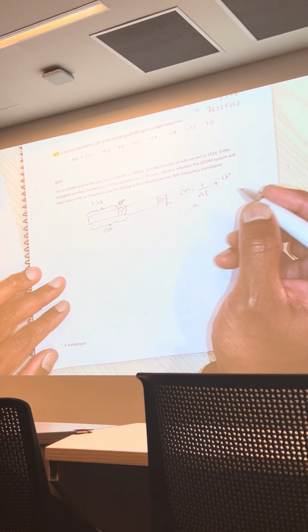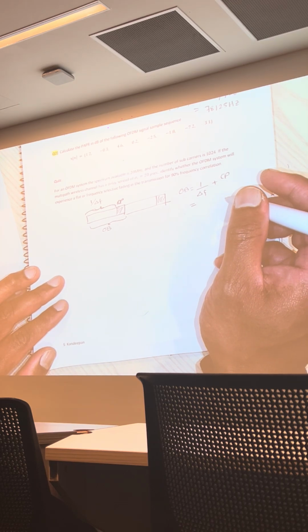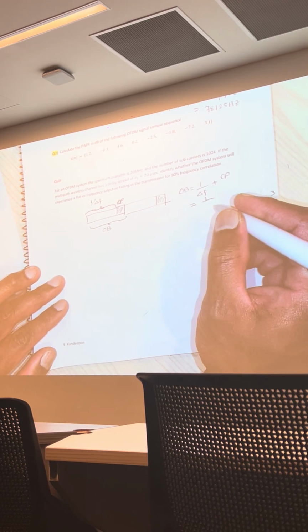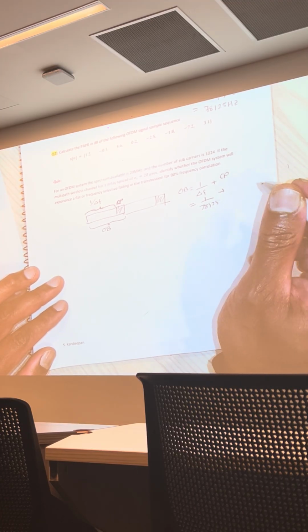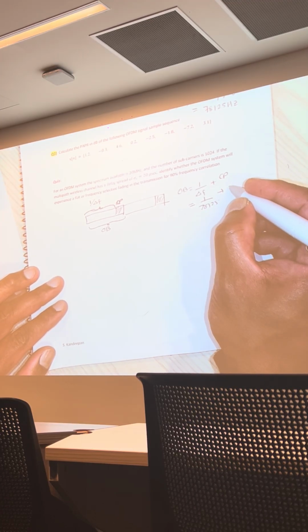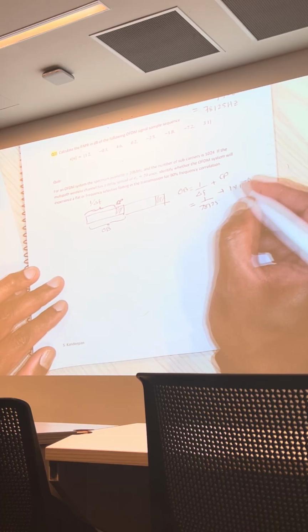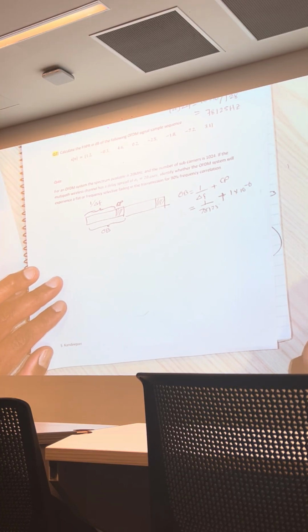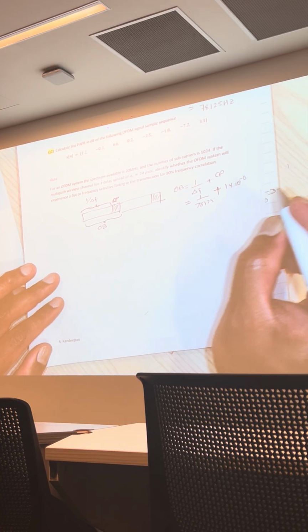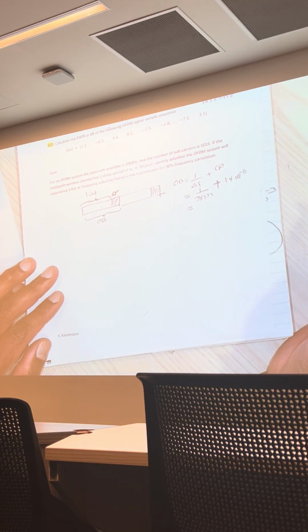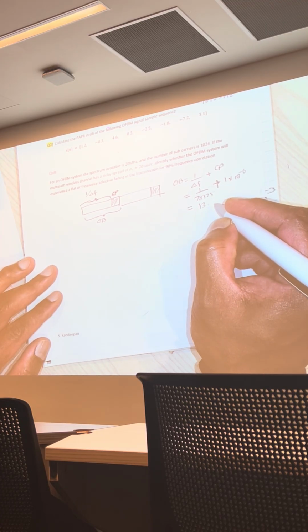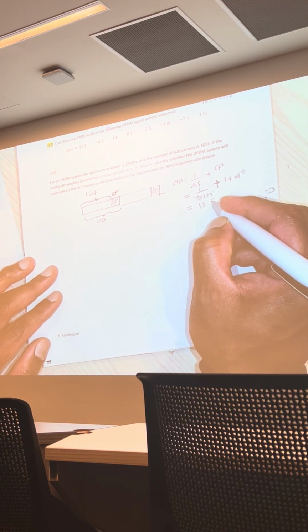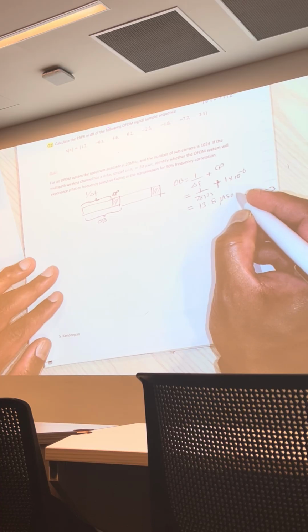So 1 on delta F, we know what delta F is, which is 78,125, plus your cyclic prefix is 1 into 10 to the minus 6, right? So your OFDM block length is 13.8 microseconds.